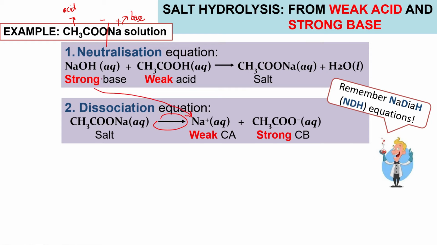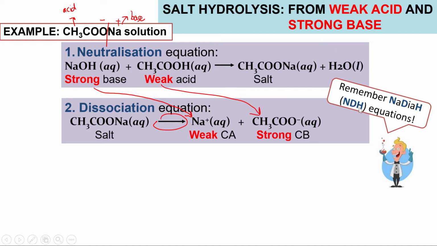Since NaOH is a strong base, therefore Na+ is the weak conjugate acid. CA stands for conjugate acid. The properties are vice versa, right? Because we already encountered this in the tutorial session. Since CH3COO- comes from a weak acid, CH3COOH, therefore it is a strong conjugate base.